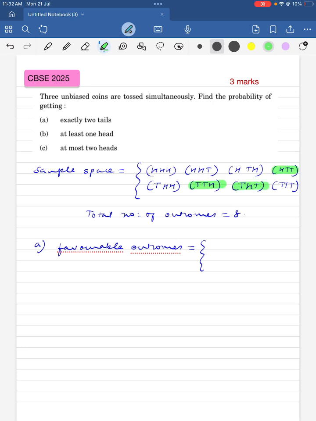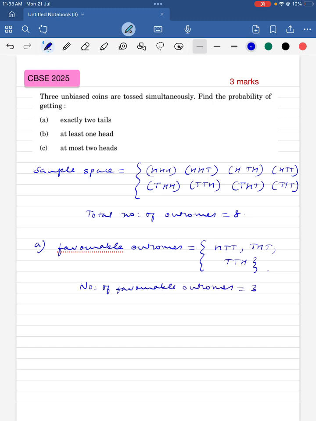So these are the 3 options that I'll have to write out. That's going to be HTT, THT, and TTH. So the number of favorable outcomes is going to be equal to 3. Therefore, the probability of exactly 2 tails will be equal to 3 divided by 8.